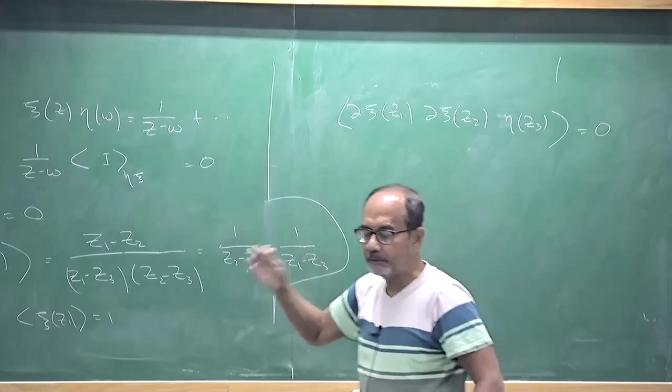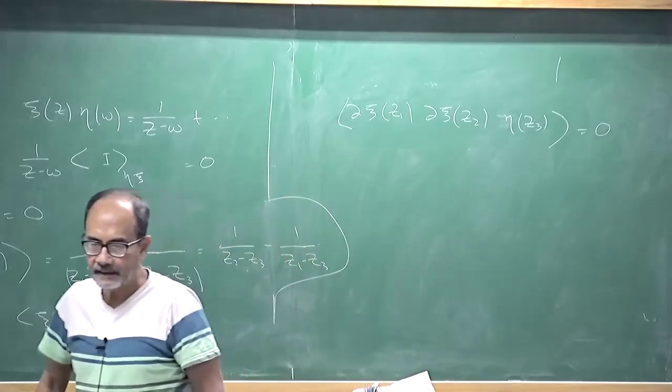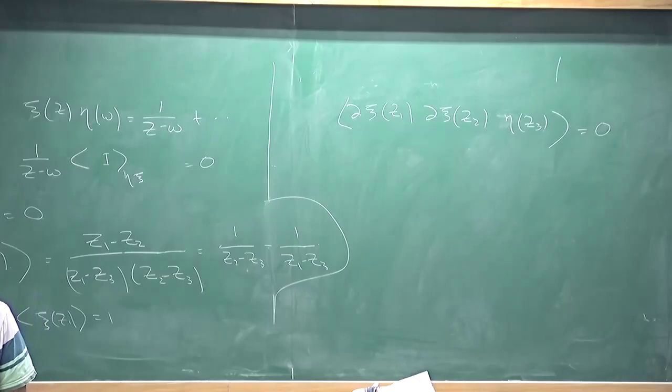If you take C of Z1, C of Z2, C of Z3, it is non-zero. You can differentiate. That's a more basic statement: if you take del 1, del 2 of some function of x1, x2 which is antisymmetric in x1, x2, that's not zero. Del C of Z1, del C of Z2, C of Z3 is not zero, I think.